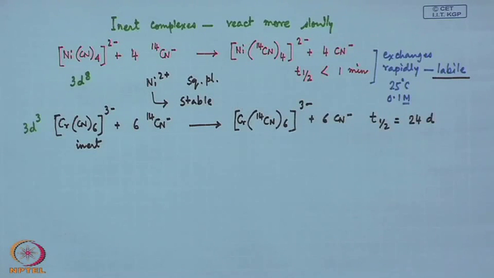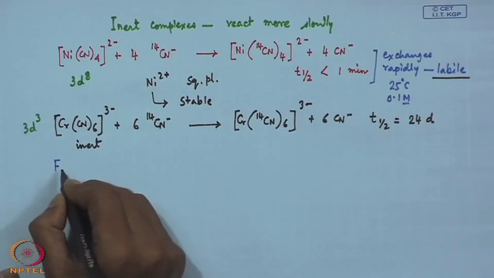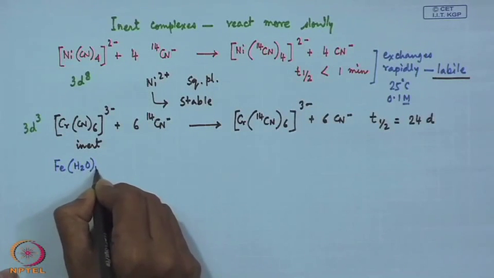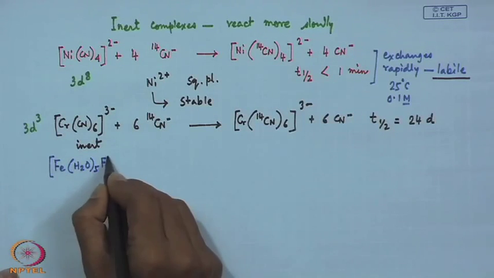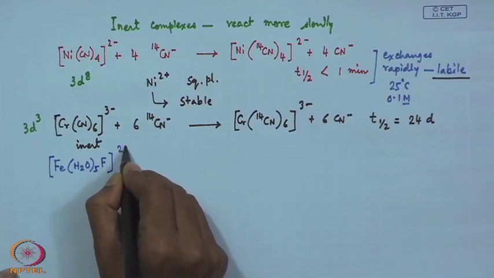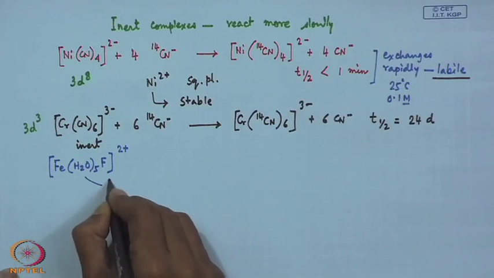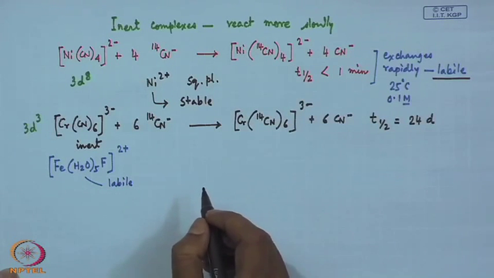Similarly, another example we can have, and what we have seen just now, is this iron thiocyanate compound, which is a labile compound because it exchanges quite rapidly.